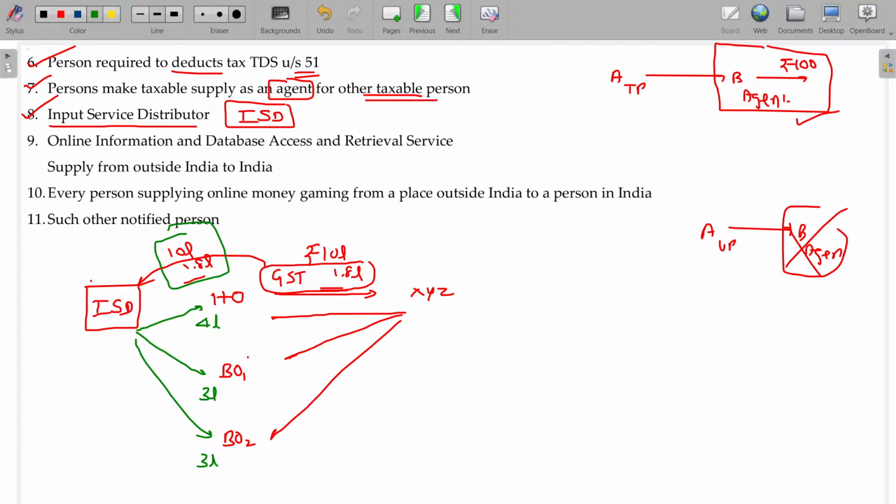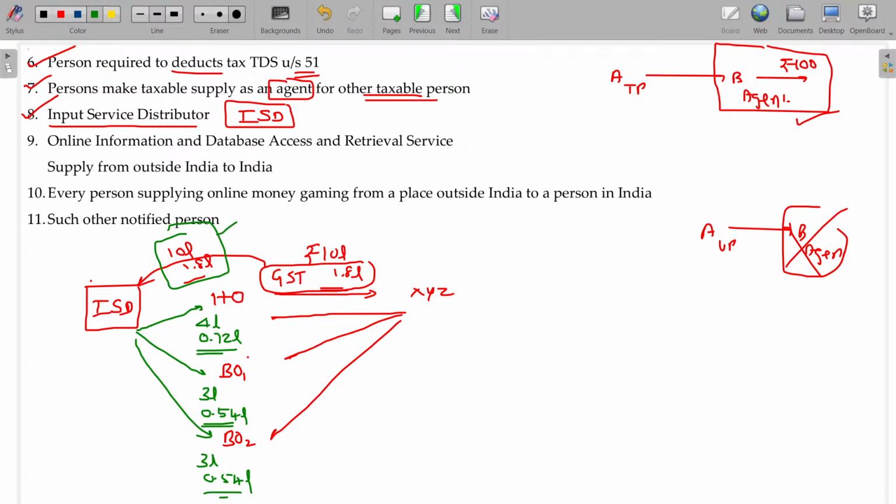Sir, 18%, 0.72 lakhs. Here 0.54 lakhs. Okay.